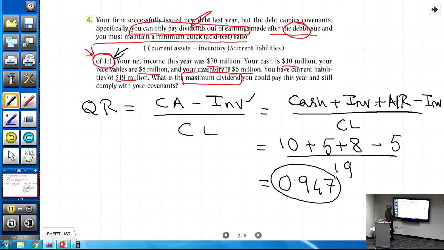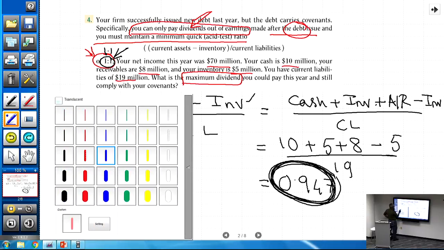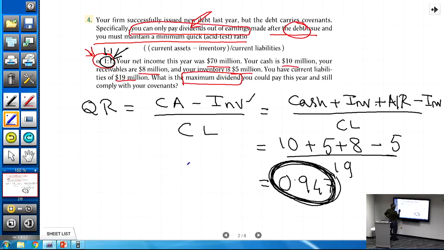So now I have to do something over here so that I can make my quick ratio go up to 1.1. This should be 1.1, not 1:1. So our target quick ratio is 1.1.